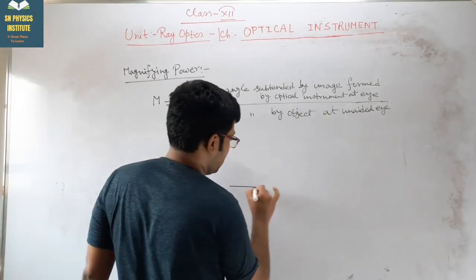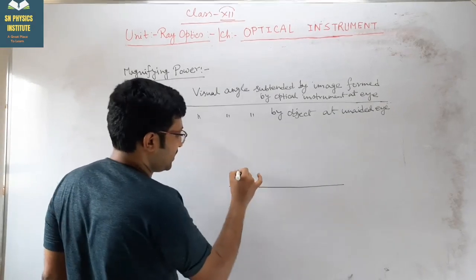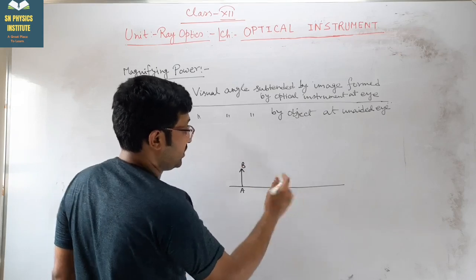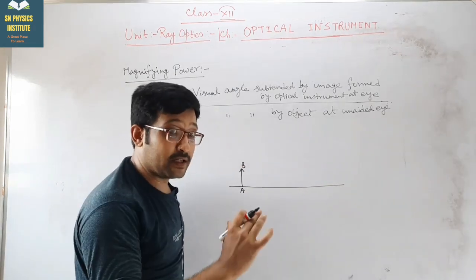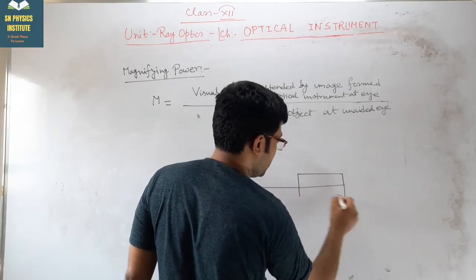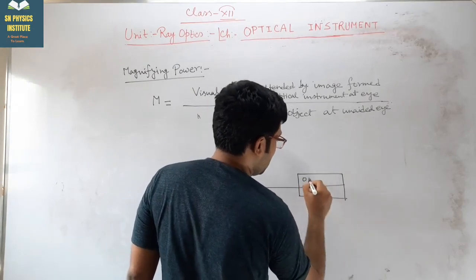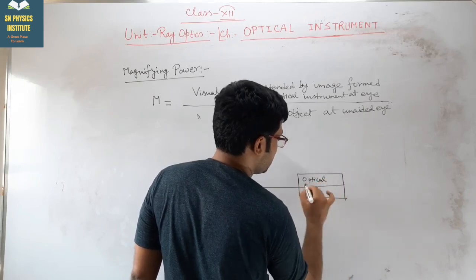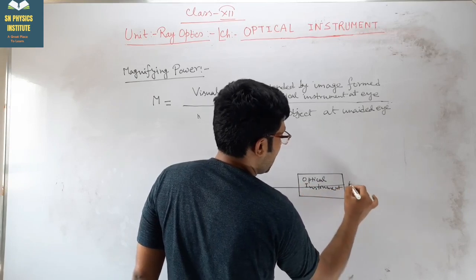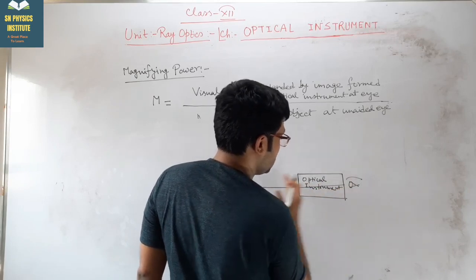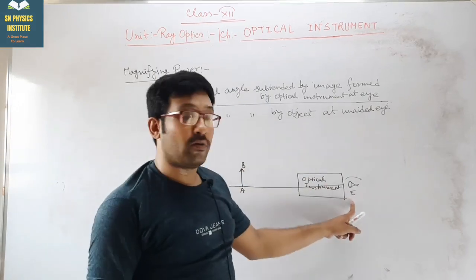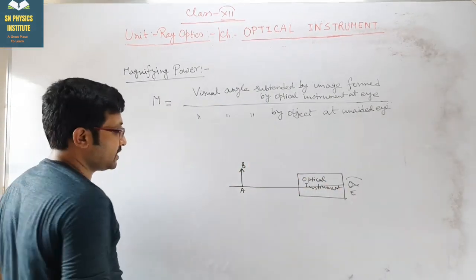Suppose I consider an object AB that you want to watch through an optical instrument, like a microscope. If you watch through this optical instrument, then the optical instrument forms the image of this object.